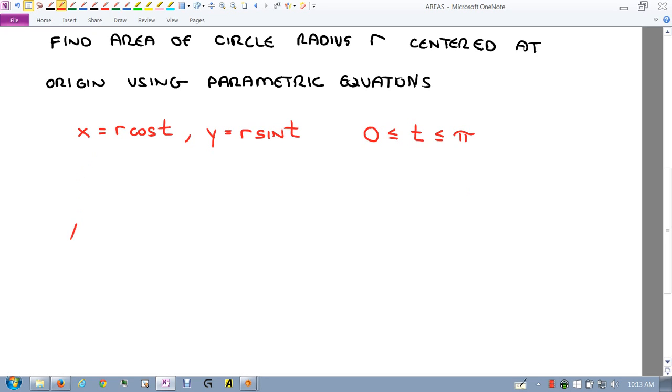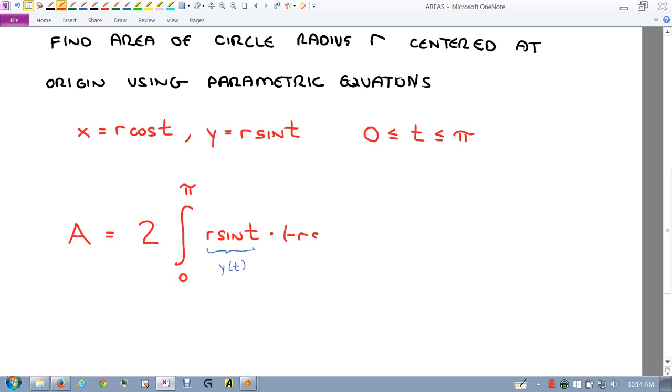So the area that we want will be twice the integral from where to where? 0 to pi of what? R sine t, that's your y of t. I'm just spitting off the formula now, right? This is our y of t. And then times the derivative of the x, which in this case would be what?